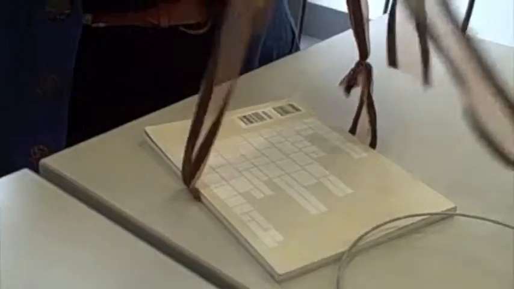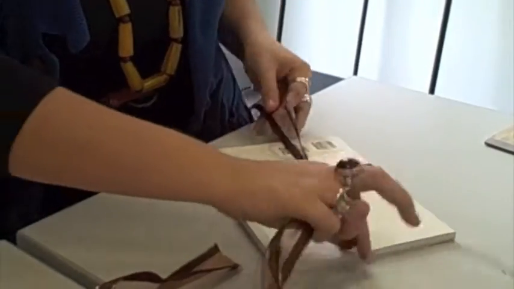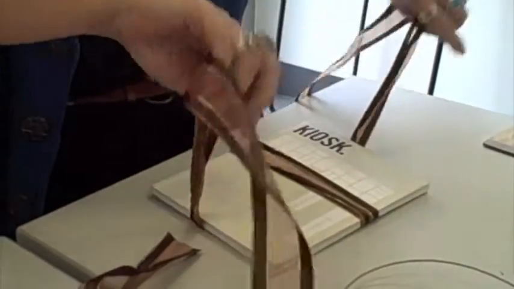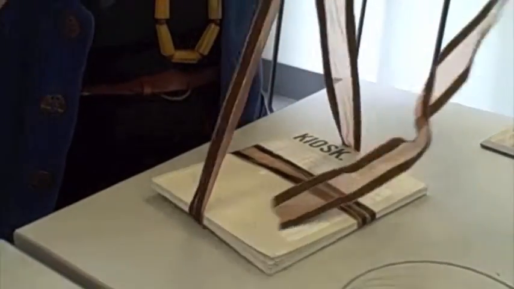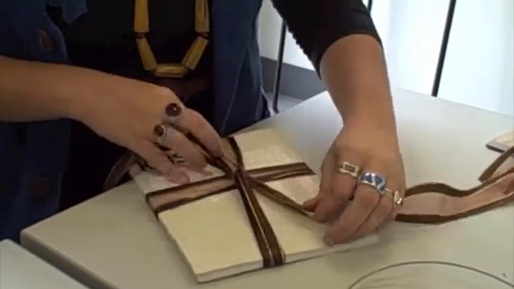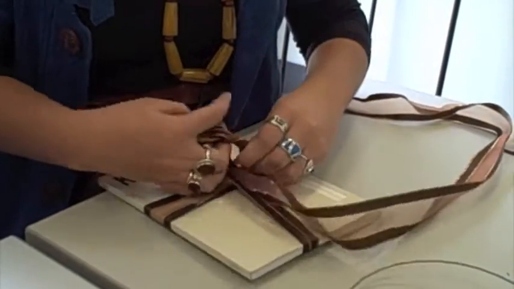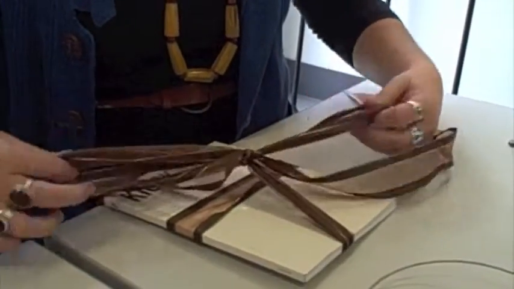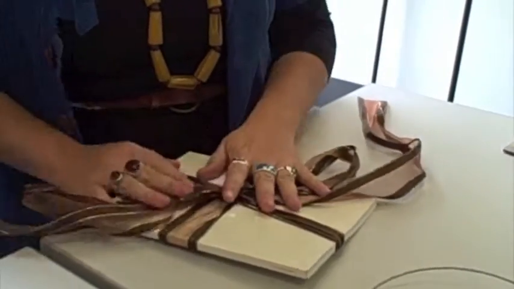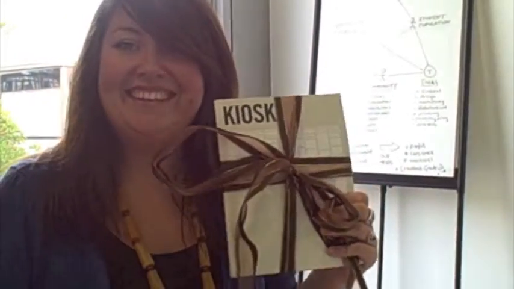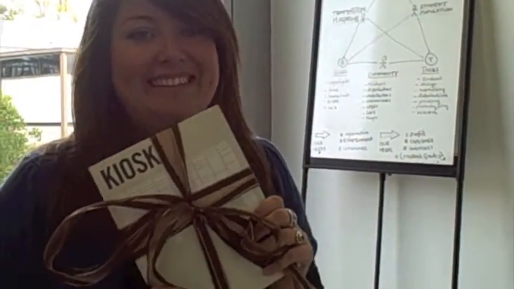So we're thinking about the presentation of the magazine for the launch, and one idea that we came up with is sort of the display of the magazine, and this is just a very rough kind of prototype, but we could possibly think about making the magazine look like a little present or something. Obviously, we'd have to think about costs and stuff because ribbon is fairly expensive, but it looks quite pretty. So that's one way of doing things.